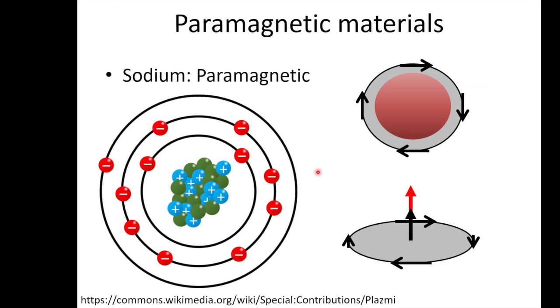So let's begin with paramagnetic material. Let's start with sodium. This is an atom of sodium, and what we're more concerned with is this outer electron shell. So what we can do is lump the rest of the atom into this red ball here, and we're going to display this orbital outer shell as a current ring right here.